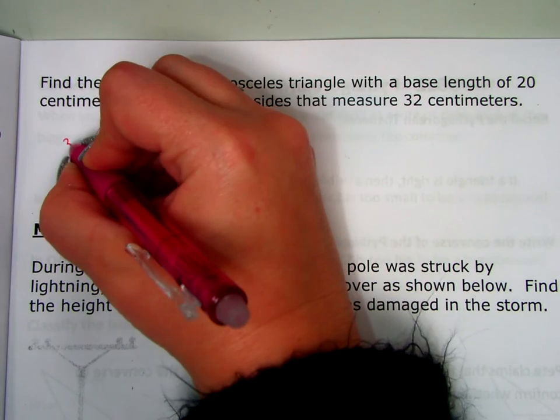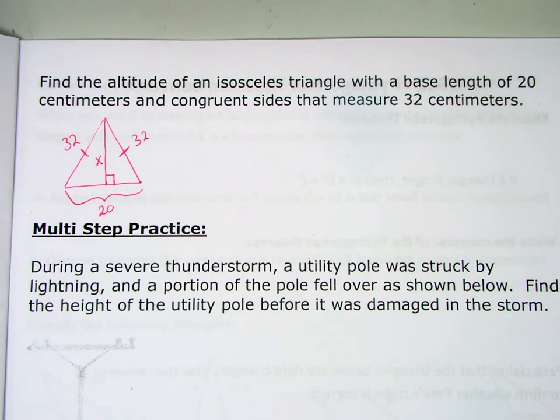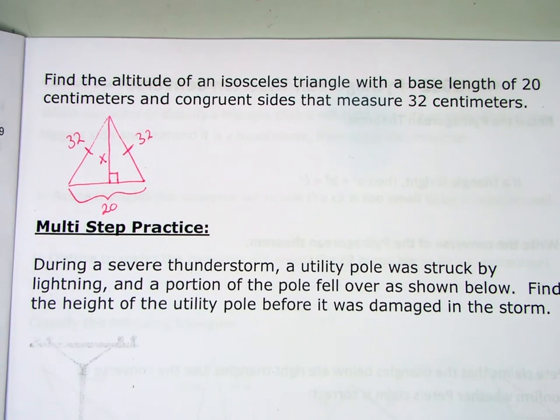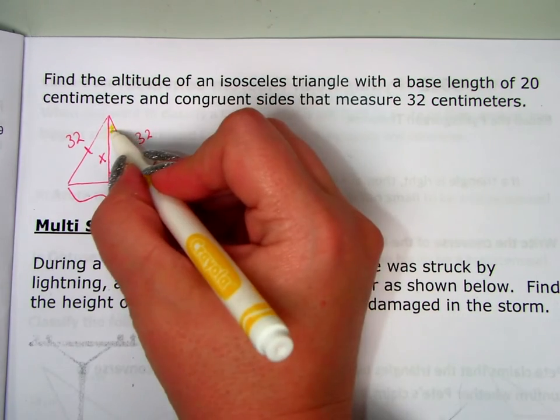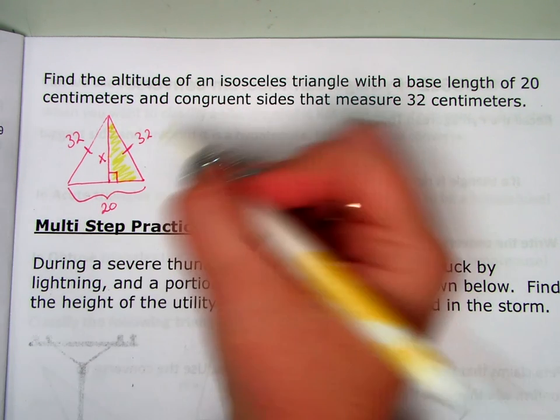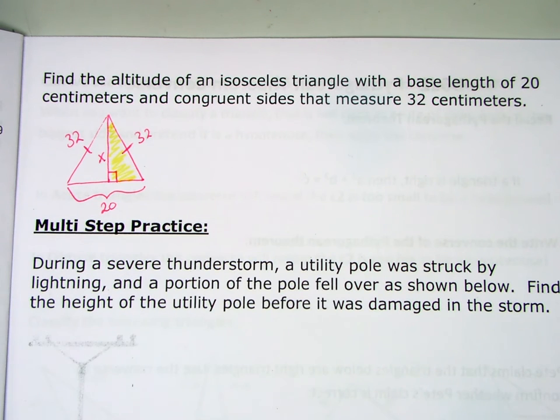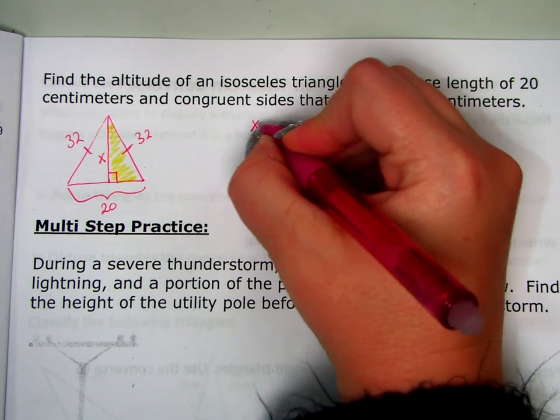And the congruent sides are 32. In order to do the Pythagorean theorem, we have to look at just a right triangle. I can't look at the whole isosceles triangle. So if I'm looking at just the right triangle, and I'm trying to find x, am I finding a leg or a hypotenuse?